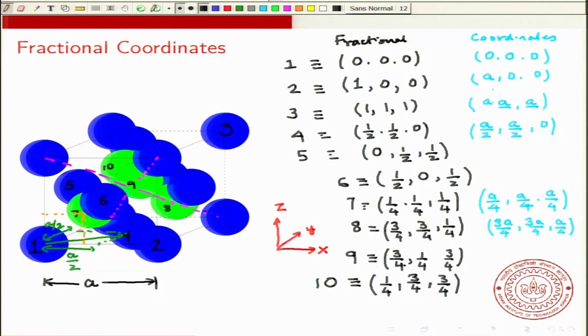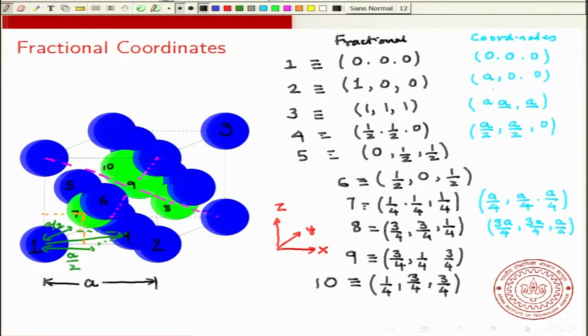But now what we see is that drawing this diamond lattice as a cube makes it fairly difficult to label all the points. So what is done very commonly is to use something that is called a planar representation, and these fractional coordinates are actually put in the planar representation.